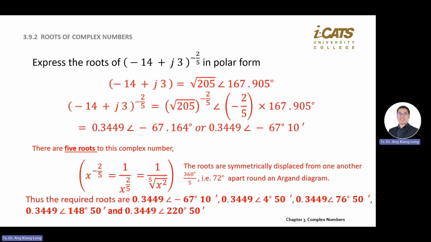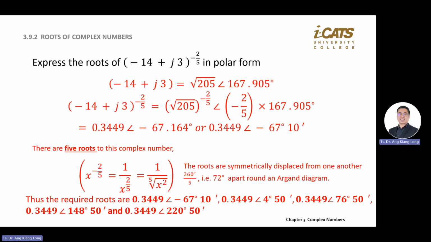Then you plus another 72, you get here. Then you plus another 72, you get somewhere here, and so on. So you get five answers.